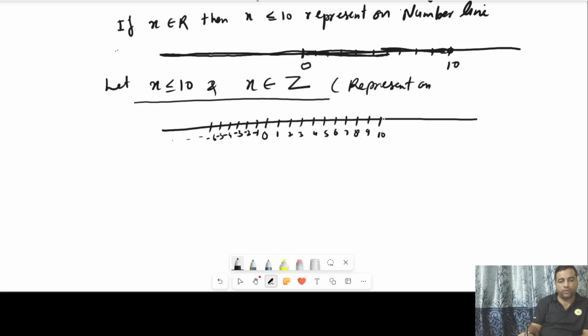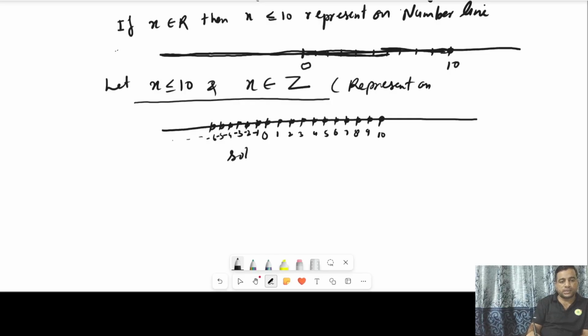The greatest value of x is 10, and after that 9, then next integer 8, then 7, 6, 5, 4, 3, 2, 1, 0, minus 1, minus 2, minus 3, minus 4, minus 5, minus 6, and so on.